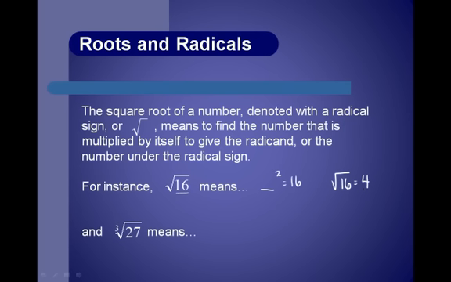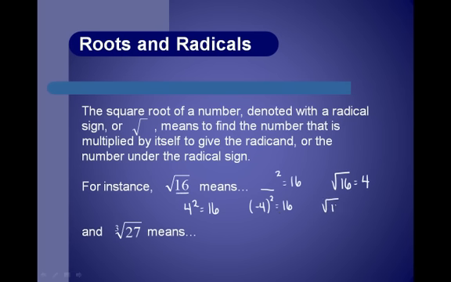Just to clarify, the square root of 16 is looking for a number that when multiplied by itself would give us 16. Well, we said just above that 4 squared is 16, but also negative 4 squared is 16. So why wouldn't the square root of 16 be negative 4?